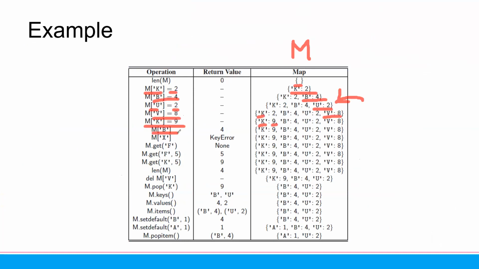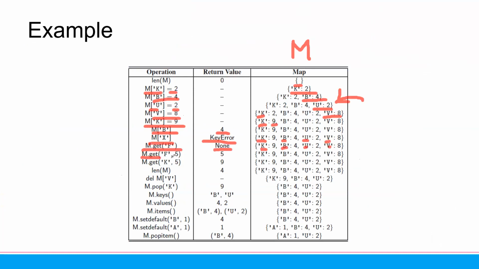And then I have m[b]. I would like to know what the value of b is. The value is 4. I want to know the value of x. Is there any x? No x, then it is None. I want to get f. Is there any f? No. Then it's None.